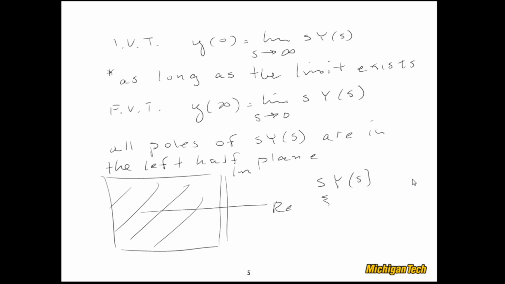So let's do an example to illustrate these two things. Let's say I have this transfer function, the same one that we've looked at before, s plus 2 over s plus 3 times s plus 4. We'll analyze the initial value theorem and the final value theorem for two different cases.